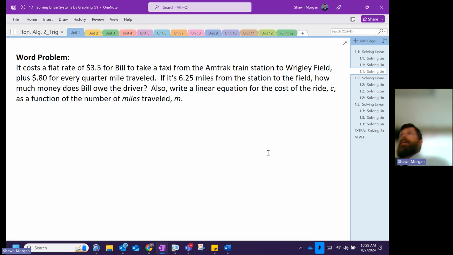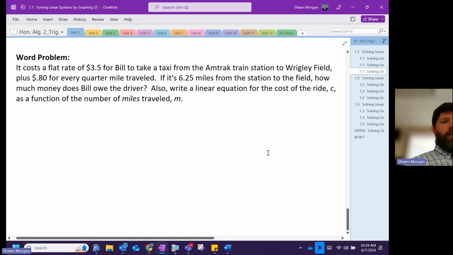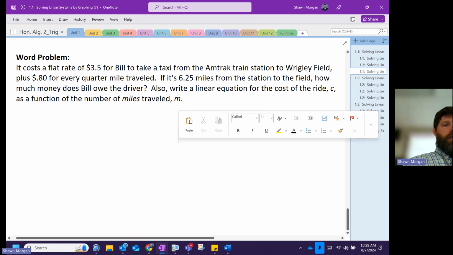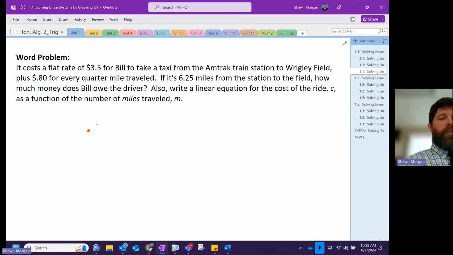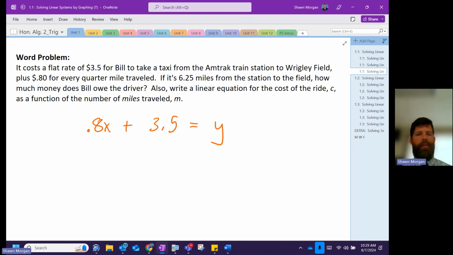Anybody able to help me come up with an equation? You've been reading this for a minute or so. Mario, what's one equation? 0.8x plus 3.5y, is that what you said? 3.5 equals y. Gotcha. All right, wait a minute.